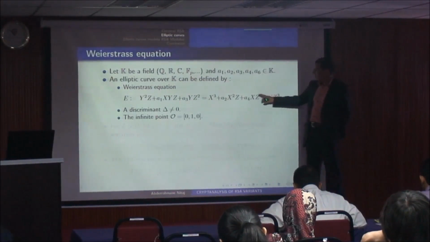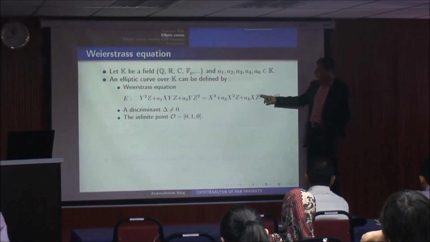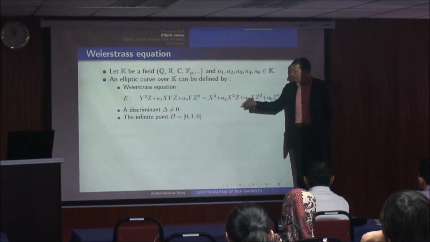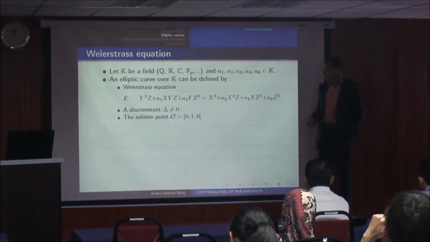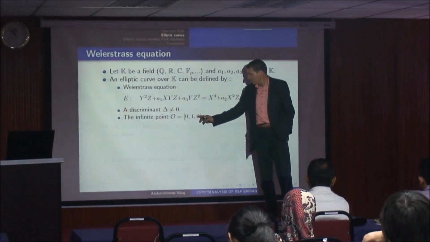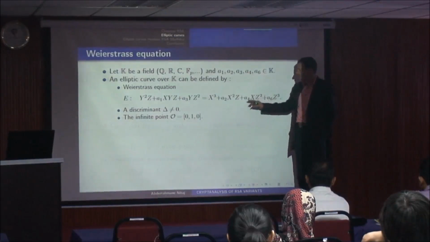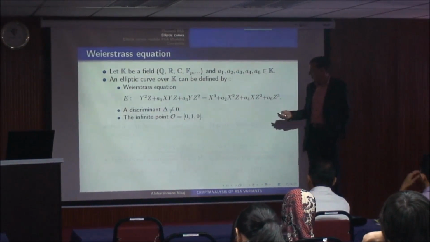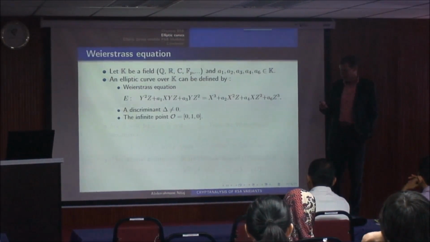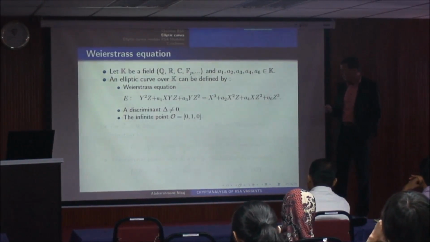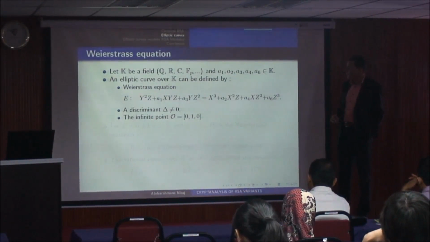Also, in addition to the solutions of this equation, we have a special point at infinity, composed of (0, 1, 0). When you apply (0, 1, 0) to this equation, you find that it satisfies the equation, and this point is the neutral element for addition. We will see the addition on the curves in the next slides.